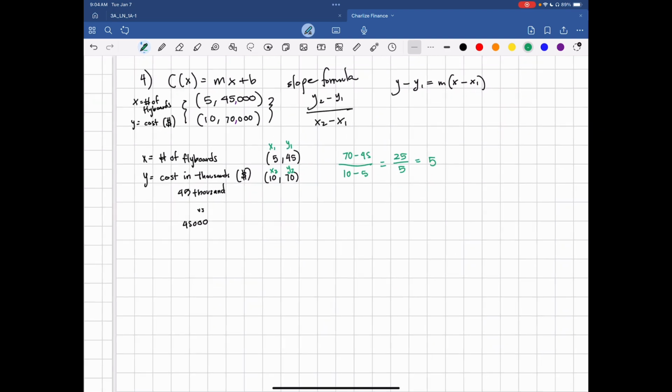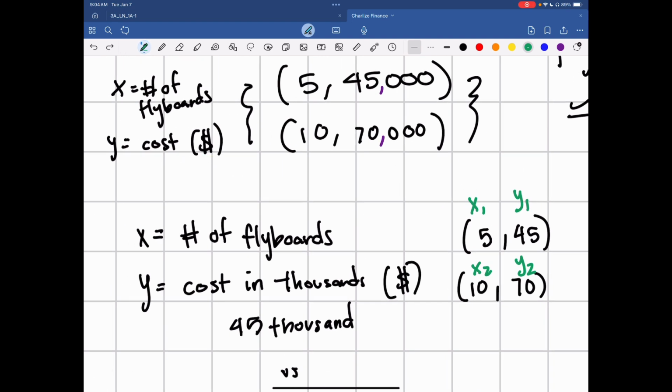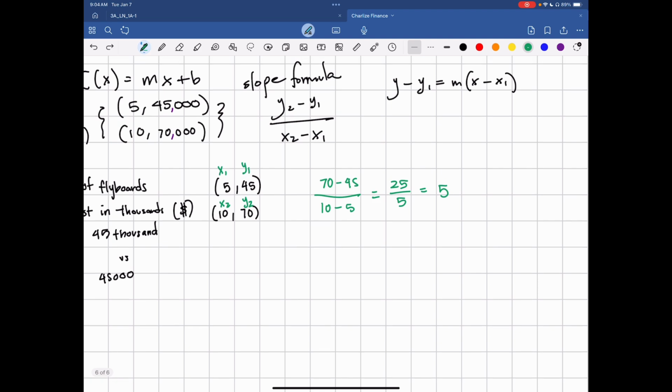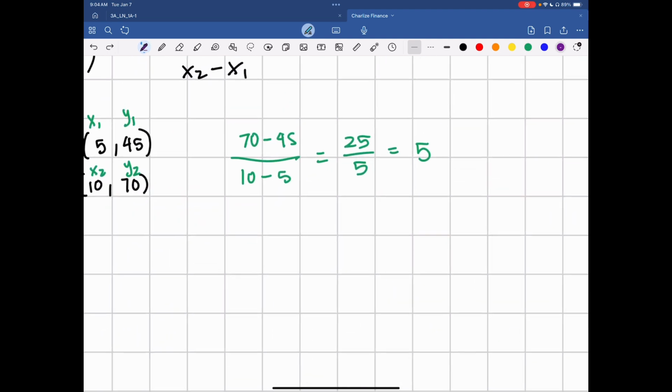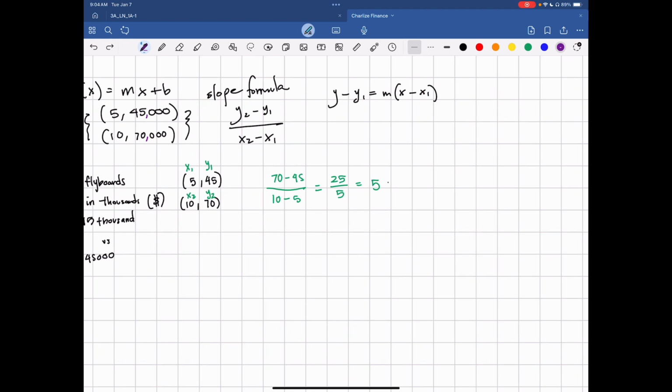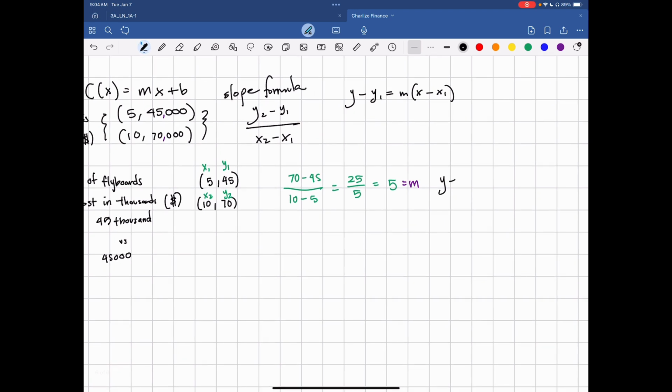The most difficult part about using thousands instead of just dollars is that you have to keep it really consistent. You have to label every unit as thousands of dollars. So this is my m, and I do y minus y1. I prefer the 70, because even though it's bigger, it's a nicer number than 45.